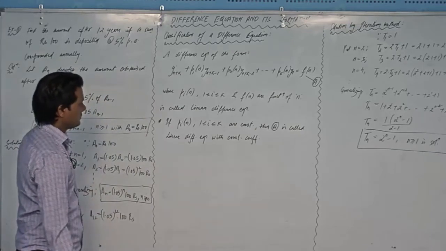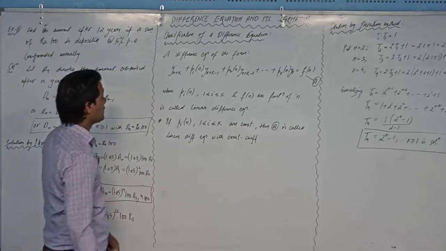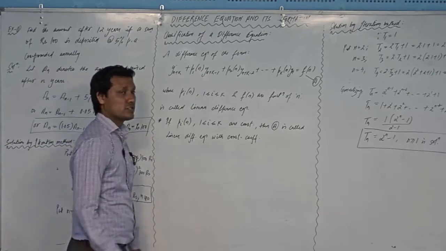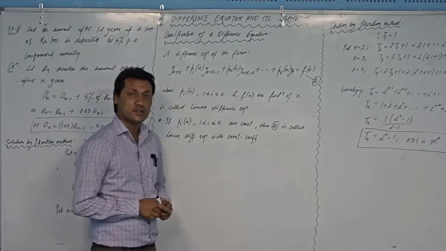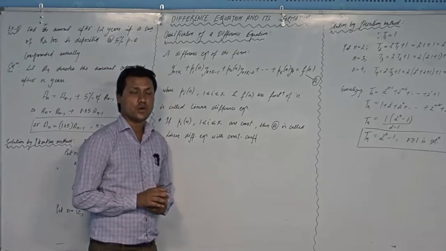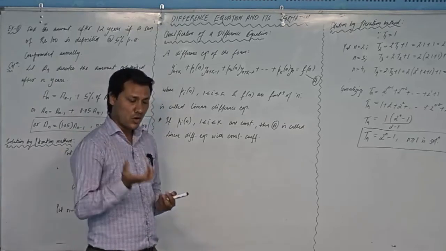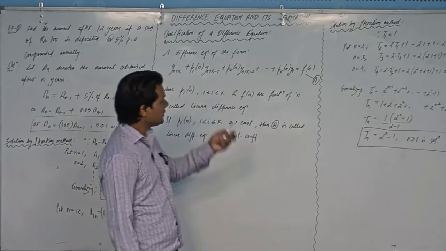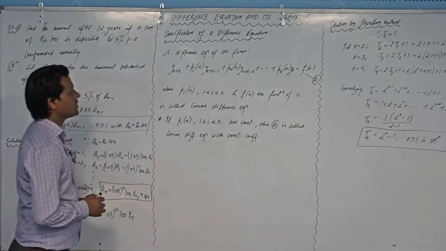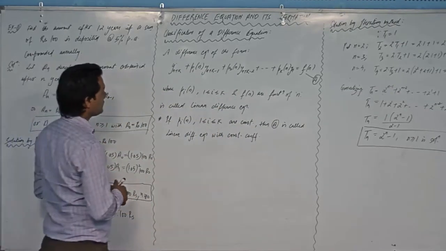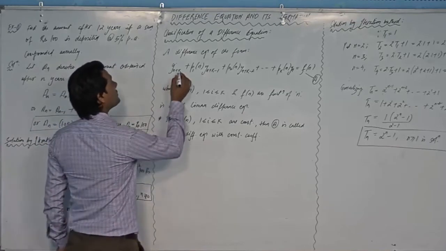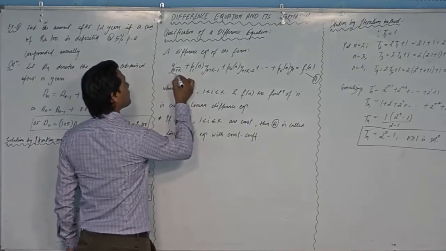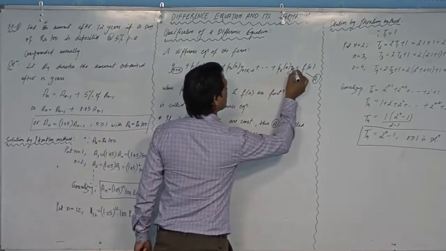One more important thing is the order of this difference equation. Just as the order of a differential equation is the order of the highest derivative appearing in it, in the case of a difference equation the order is given by the difference between the highest subscript of y and the least subscript of y.